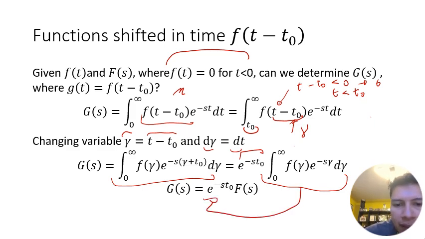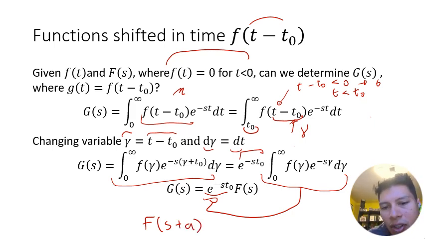So we will get that G of s, if we shift in time, we multiply it by a decaying exponential in the Laplace domain. What do you think will happen if I shift in frequency or in the Laplace domain?